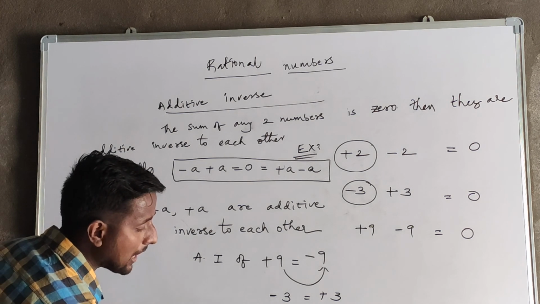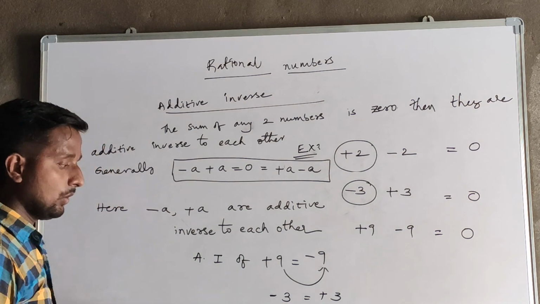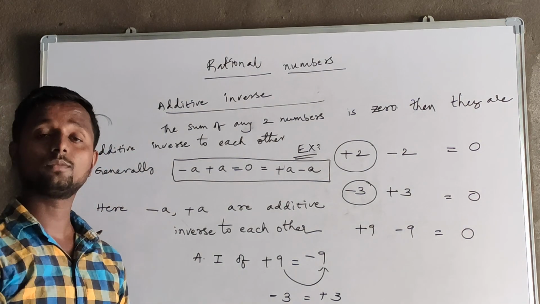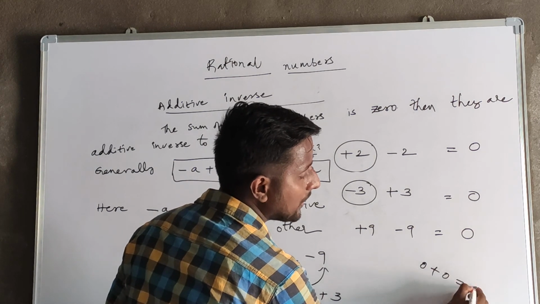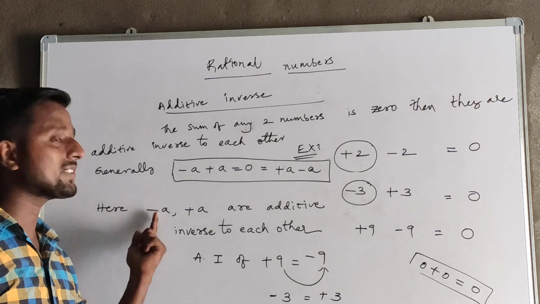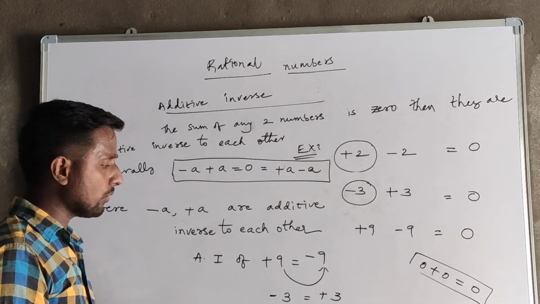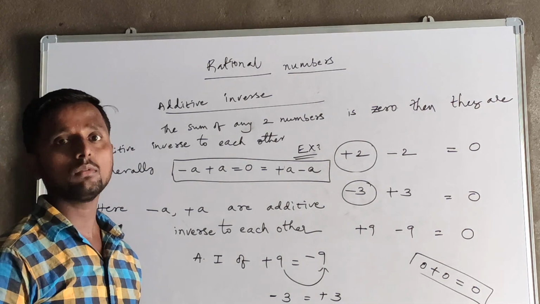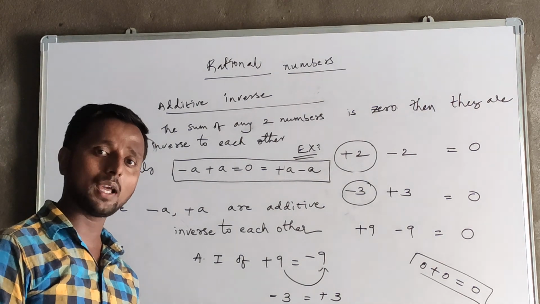What is the additive inverse of 0? Casually we know 0 plus 0 is 0. But in the form we have written, plus a and minus a are additive inverses. Generally we know 0 is neither positive nor negative, so we can't make it plus 0 or minus 0.